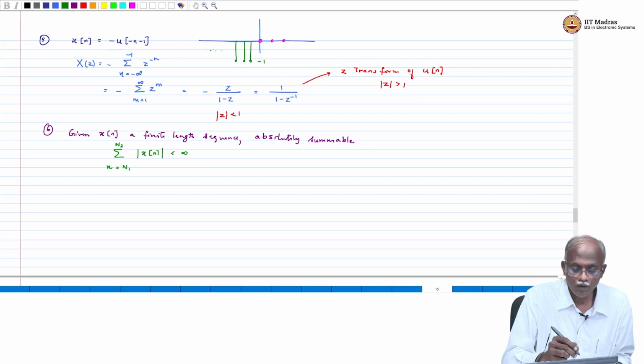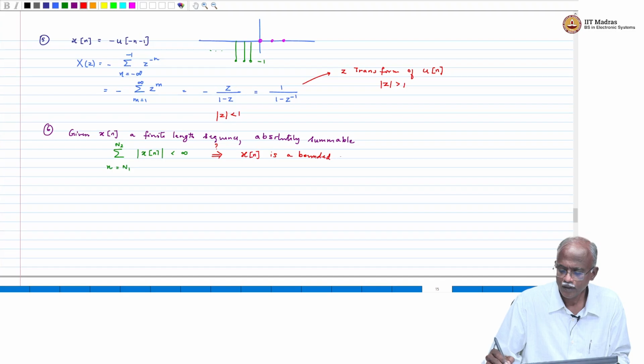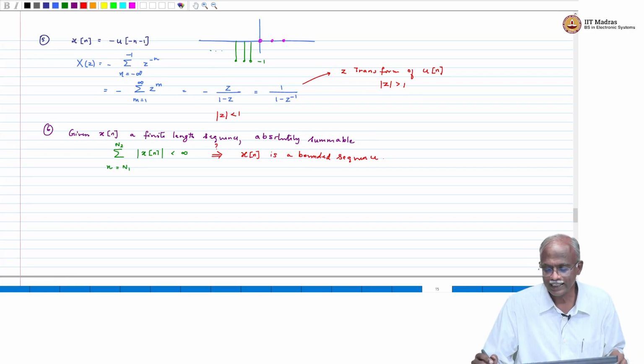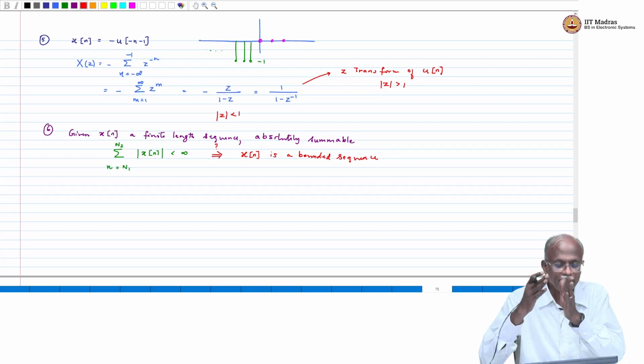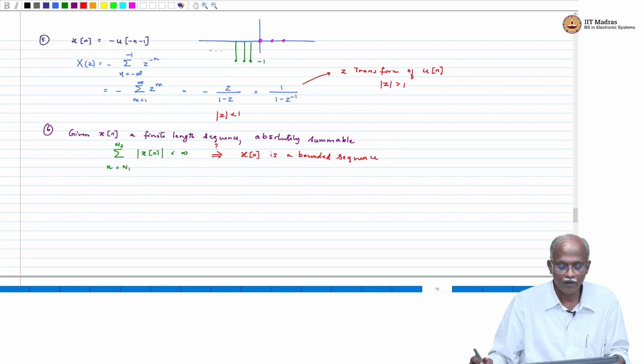Okay. Now, first question, does this imply that x of n is a bounded sequence? Remember what we had discussed in the very first unit. When do you call a sequence a bounded sequence? For every value of n, it must satisfy a finite upper limit. Okay.